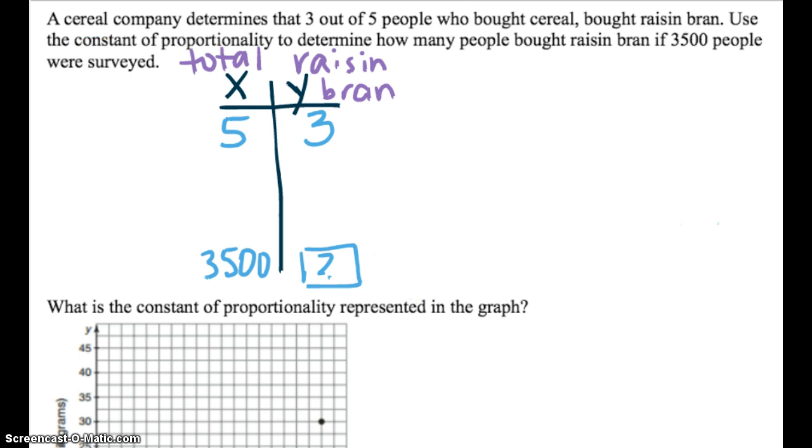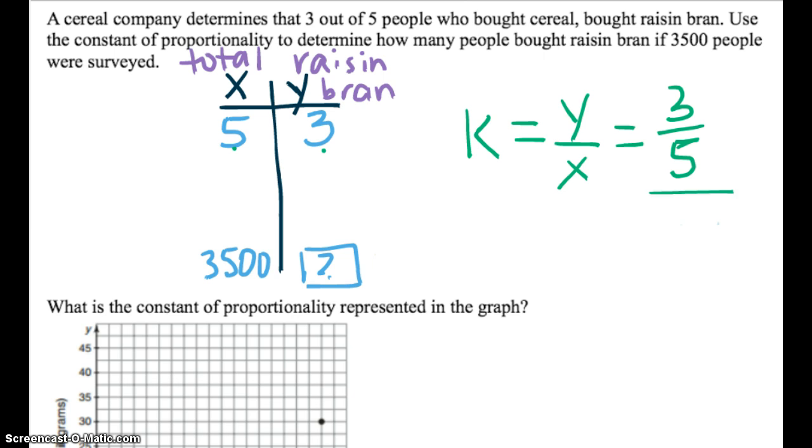Okay, so the first thing that we're going to start with is our constant equals Y divided by X. Now I'm going to substitute in my values. 3 divided by 5. And I'm going to recommend that you leave it as a fraction because it's much easier to work with fractions oftentimes, because sometimes you'll get repeating decimals.